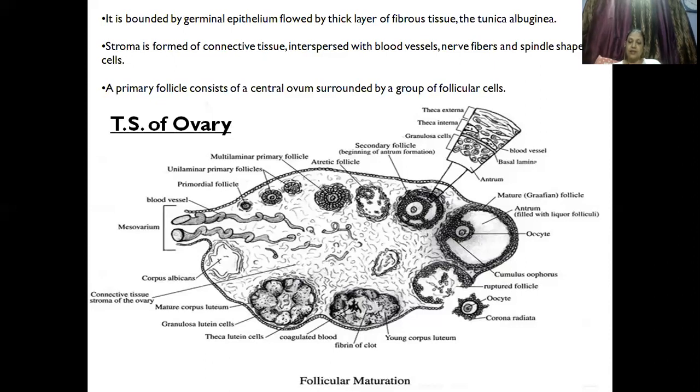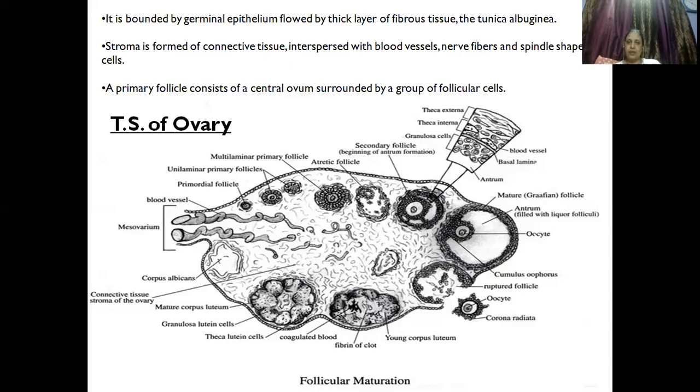Like in the case of the male, where we had three different steps, the multiplication phase, the growth phase and the maturation phase, in a similar way the female reproductive organ also begins with the germinal epithelium, and then it develops into the egg.